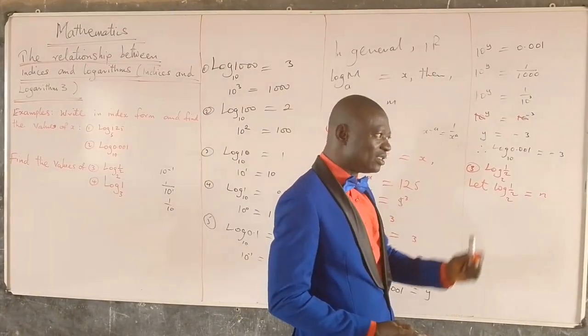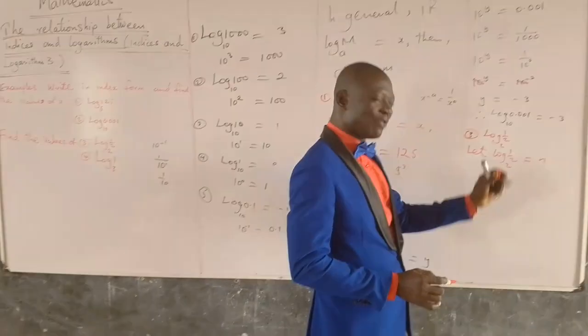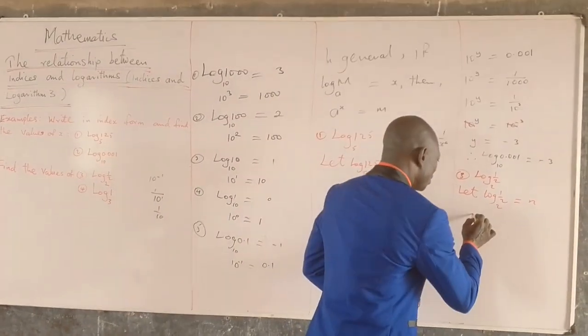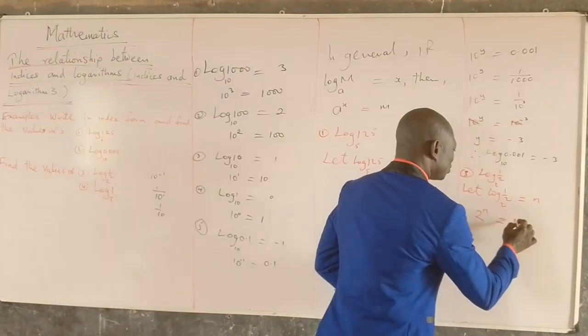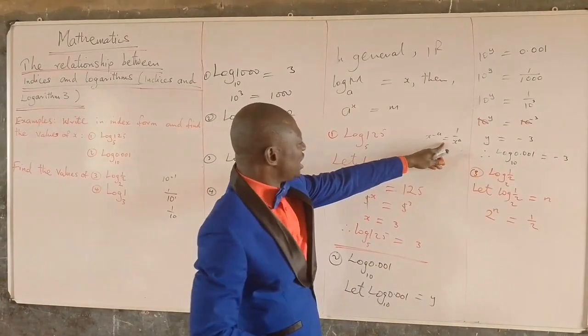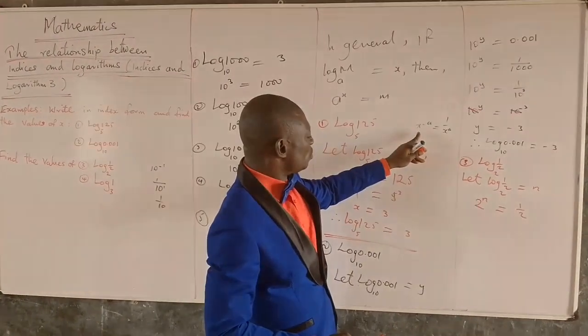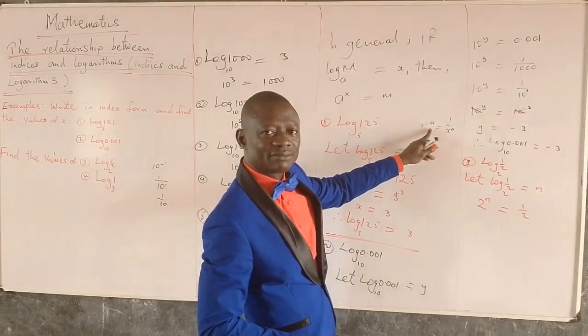If it's n, we are sure that 2 raised to the power n now equals half. 2 raised to the power n is equal to 1 over 2. Don't forget that using this law again, 1 over 2 can be written as 2 raised to the power minus 1.